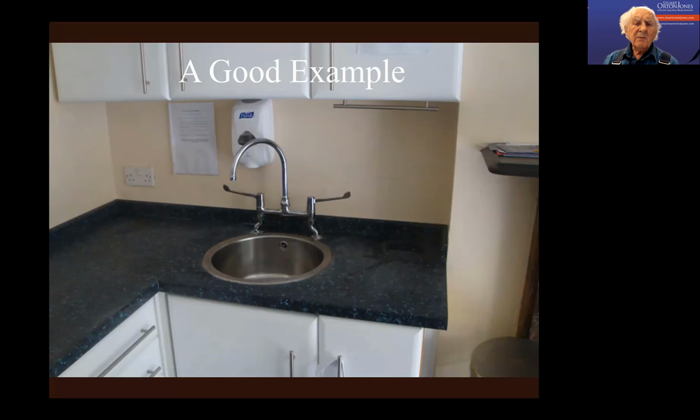Unless you have this type of tap, you can't get your elbows down lower than your hands, because, as I'll show you a bit later, the water needs to flow from your hands onto your elbow. So the bacteria go from your hands onto your elbow rather than the water flowing from your elbow to your hands, so that the bacteria is going onto your hands.